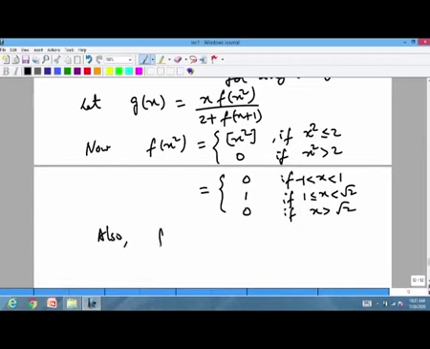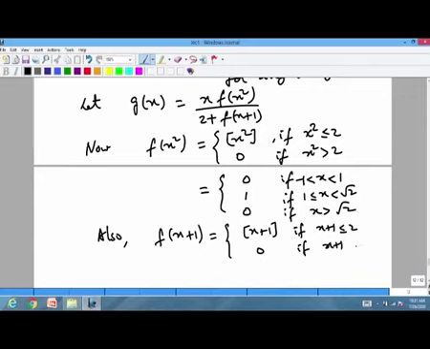And f of x plus 1, if you see, is equal to greatest integer of x plus 1 if x plus 1 is less than or equal to 2, and 0 if x plus 1 is bigger than 2.